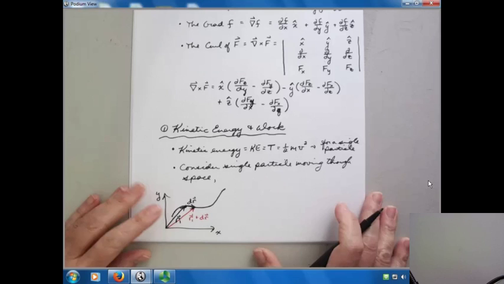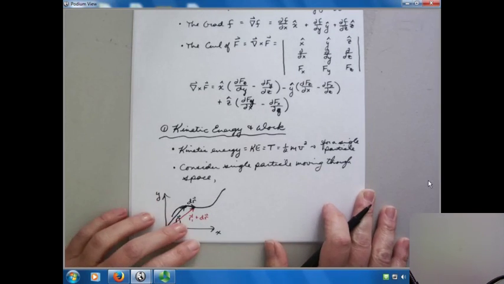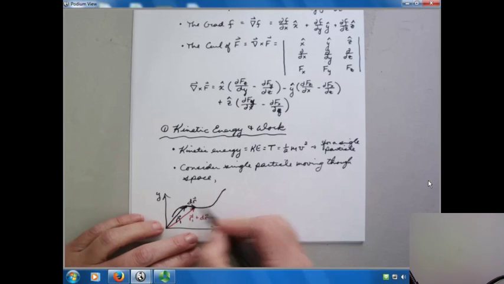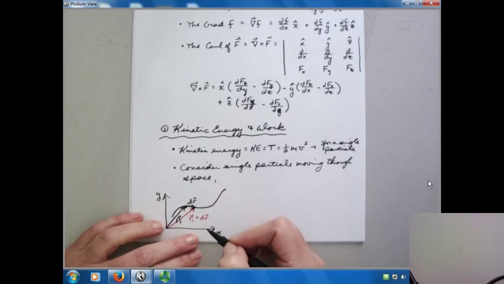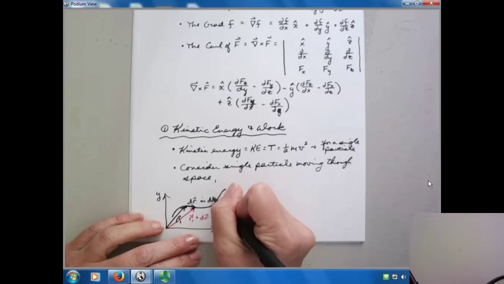So what we want to think about is how the kinetic energy might change as I go from R1 to R1 plus dr. All right. And I'm going to advance this displacement dr in an amount of time that I'm going to call dt.